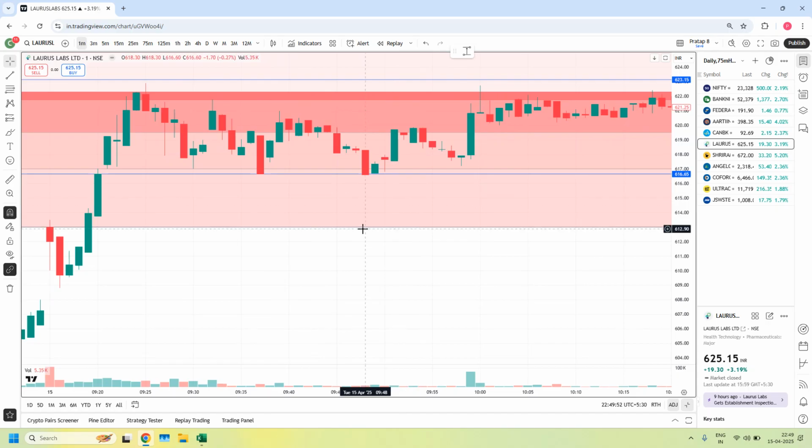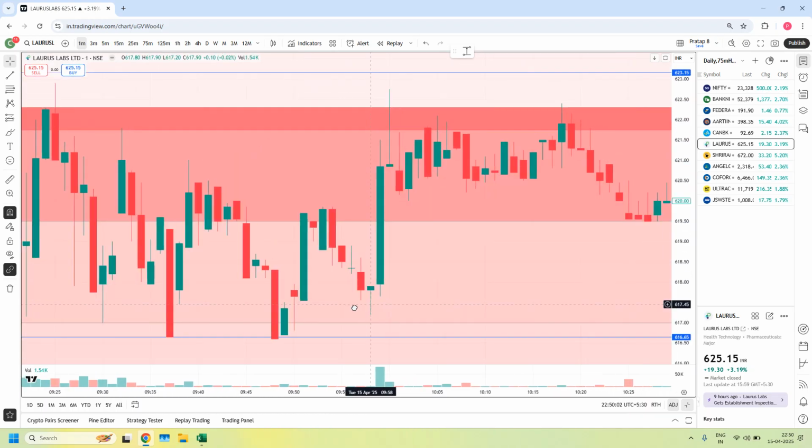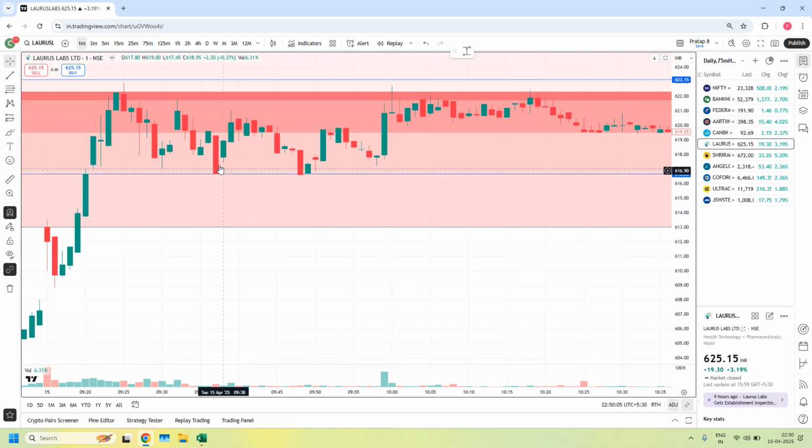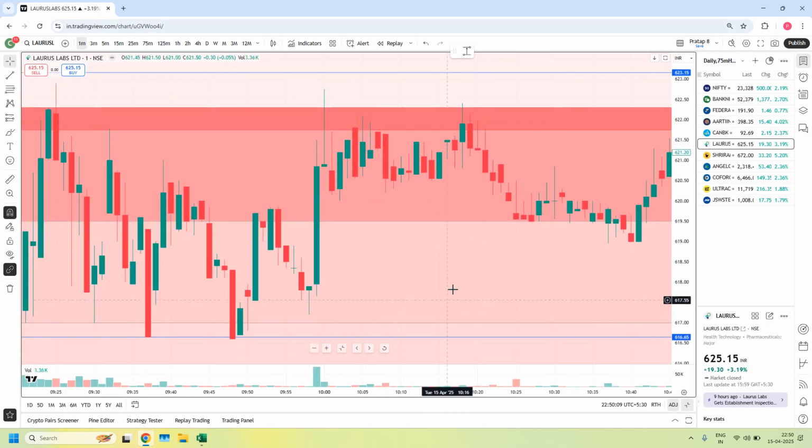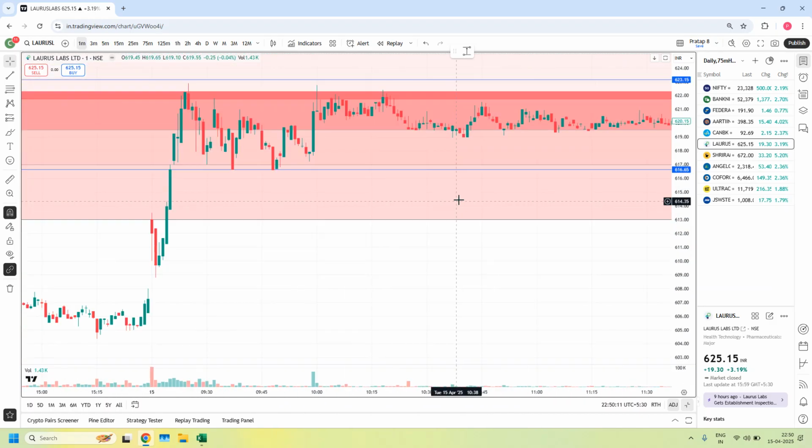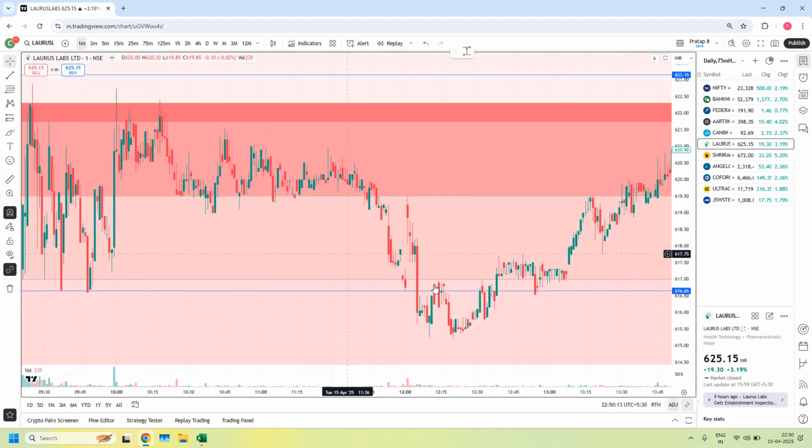Instead of drawing those zones because I'm not having the accessibility, we are using the conventional technical analysis concept, support line, or resistance if it is at the upper side. See how it is supporting. So this is the area.